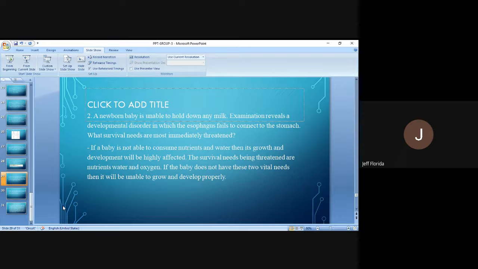Our answer for this question is: if a baby is not able to consume nutrients and water, then its growth and development will be highly affected. The survival needs being threatened are nutrients, water, and oxygen. If the baby does not have these vital needs, then it will be unable to grow and develop properly. Next slide.